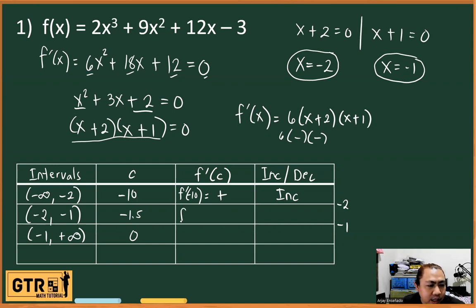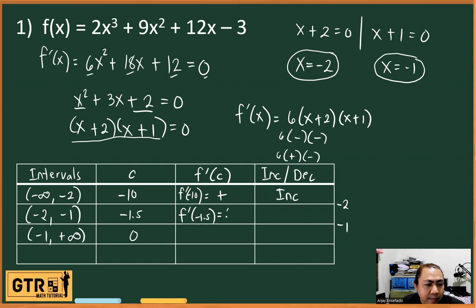Next, f prime of negative 1.5. We have 6 times negative 1.5 plus 2, and the sign is positive. Negative 1.5 plus 1 is negative 0.5, which is negative.